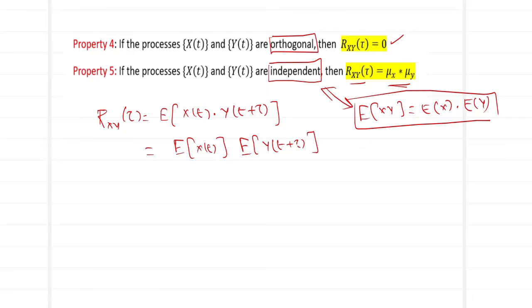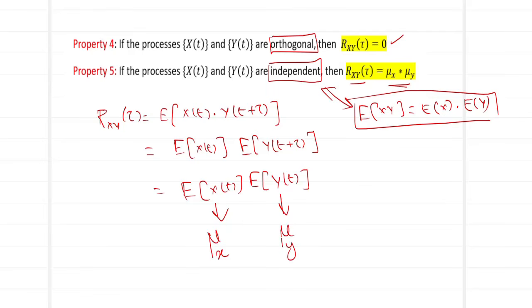Y of t plus tau is just a time translation from t, which means that E of Y of t and E of Y of t plus tau remain the same. So in the next step, this is the representation of the mean of the random variable X and this is the mean of the random variable Y. Hence we have the cross correlation to be the product of the mean of X and mean of Y when the quantities are independent.